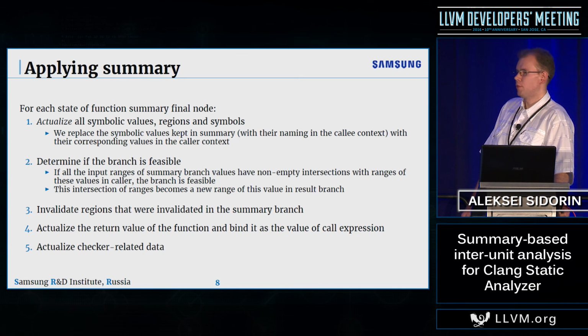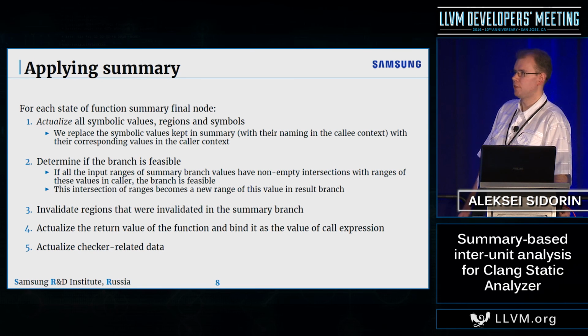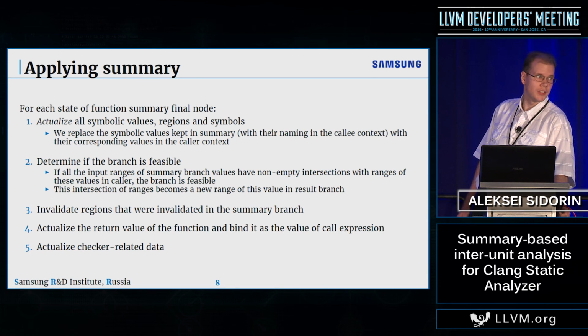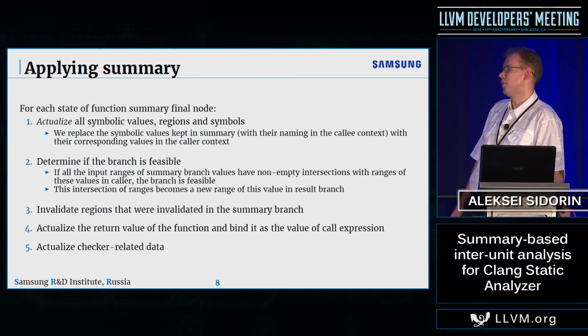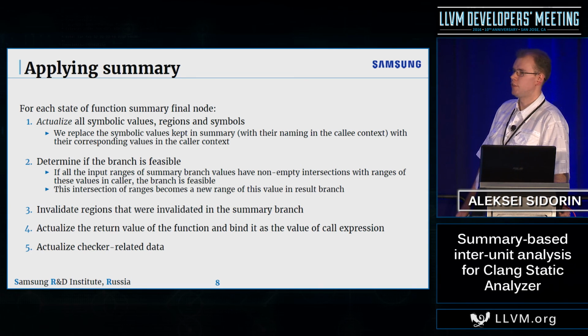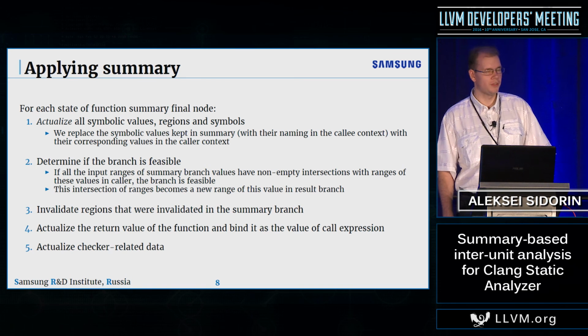The summary application process starts with determining branch feasibility. We ask the solver to check whether some branches are feasible or not. The current implementation of the solver used in CSA, RangeConstraintManager, treats the constraints which were put on symbols as a set of ranges of concrete values that a symbolic value may have on different execution branches.